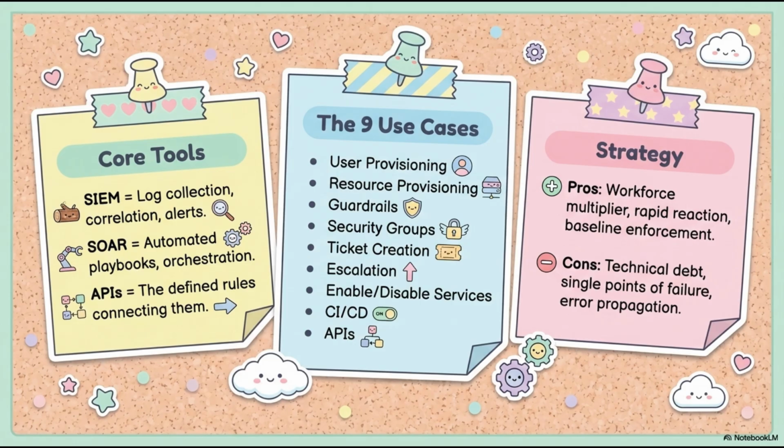Remember also the key benefits such as efficiency, enforcement of baselines, standardized configurations, secure scaling, faster reaction time, employee retention, and functioning as a workforce multiplier. And never forget to evaluate complexity, cost, single points of failure, technical debt, and supportability.